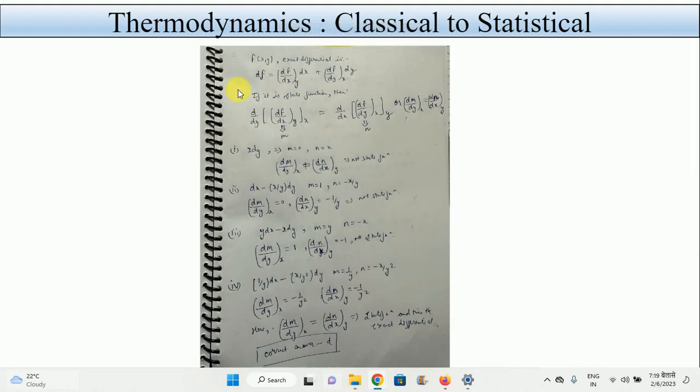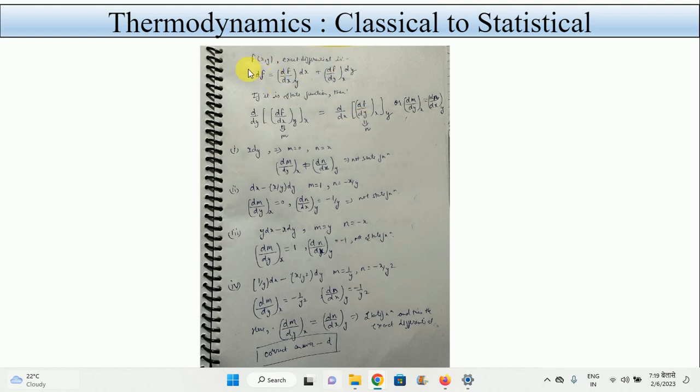So here, since f is a function of x and y, it can be written as df by dx at constant y into dx plus df by dy at constant x into dy. It is a simple differentiation of the function f.